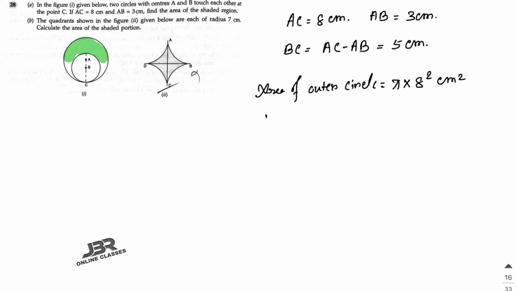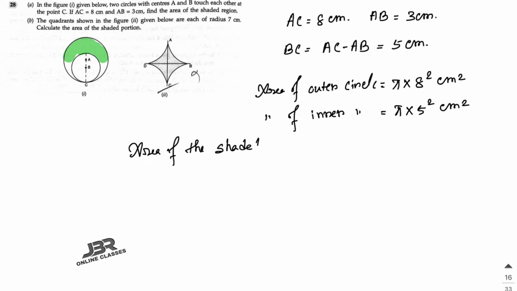And the next one, area of inner circle, that equals pi into 5 square centimeter square. Now the area of the shaded portion: pi common, so 8 square minus 5 square centimeter square.